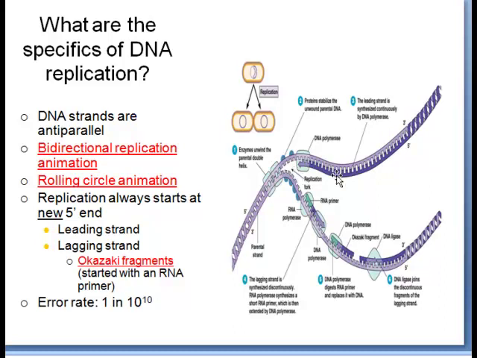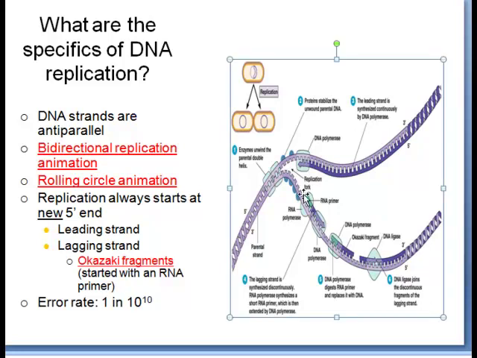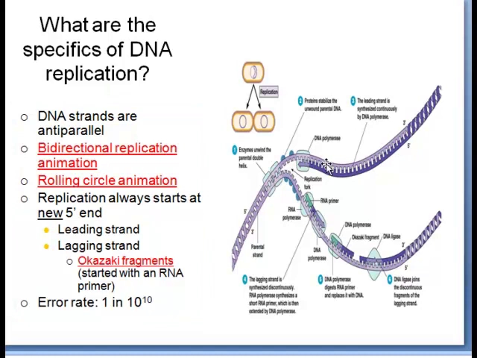As the zipper unzips, one end will always have the 5', so it is the leading strand. On the other hand, because it can only replicate from 5 to 3, it has to wait till it reaches a certain segment of replication, and then the RNA primer starts. In this case, it's starting from the inside of the replication fork and moving outwards, forming small segments, and as the DNA opens up further, the leading strand will be continuously formed.